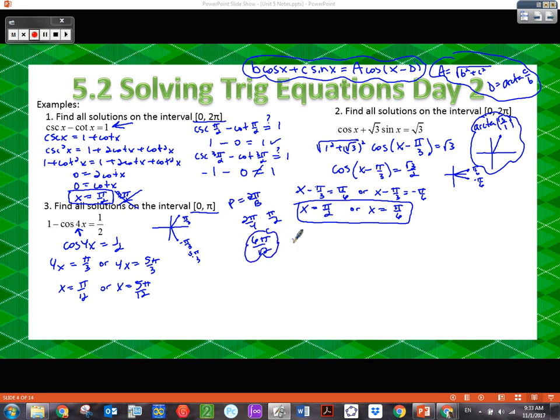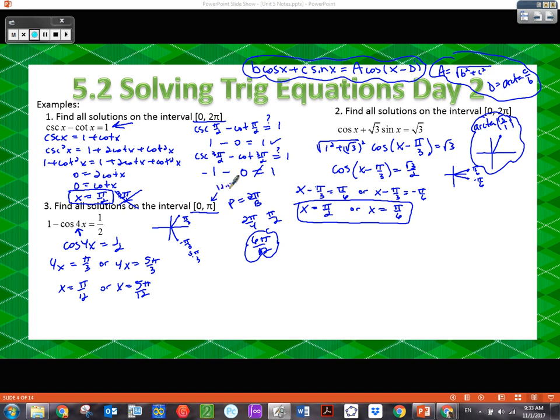Okay, so we're going to look at that. 6 pi over 12. If I add 6 pi over 12 to this, am I going to get an angle measure in this range? I am, aren't I? Right? Because 1 pi over 12 plus 6 pi over 12 would be 7 pi over 12. Is 7 pi over 12 inside here? What would pi be in 12s? 12 pi over 12, right?